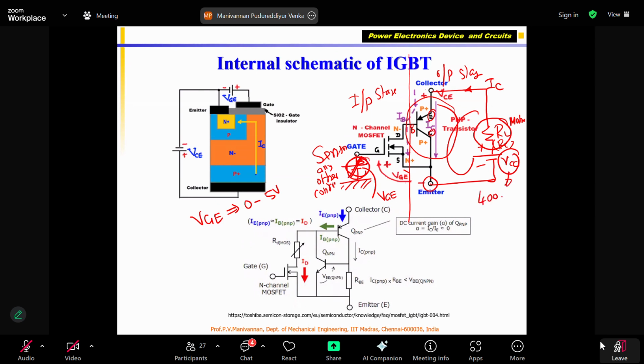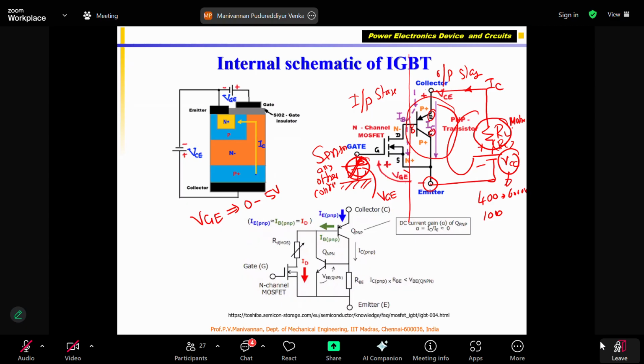It can be 4,000 to even 6,000 volts. Yesterday I told you IGBT works even at 400. It need not always be 400. It can be 100 volts also. But we say that the maximum voltage can go from 400 to 6,000 volts. The supply voltage is connected to the collector emitter terminal of the IGBT through the load.